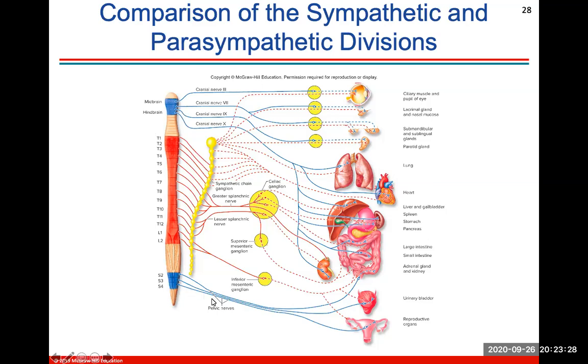The parasympathetic is in blue, and the sympathetic division, also known as your thoracolumbar division, is in red. And again, the sympathetic division is the fight or flight response, and the parasympathetic division is the rest and digest division. So they'll innervate organs associated with those effects.